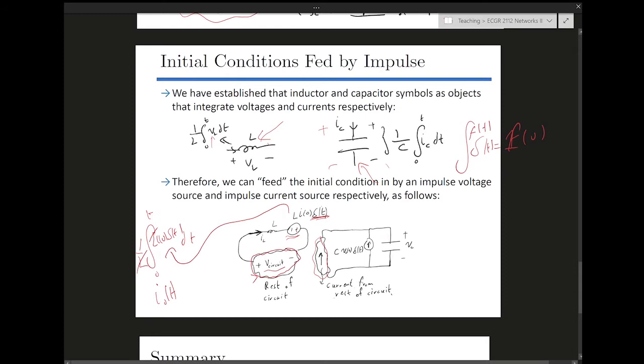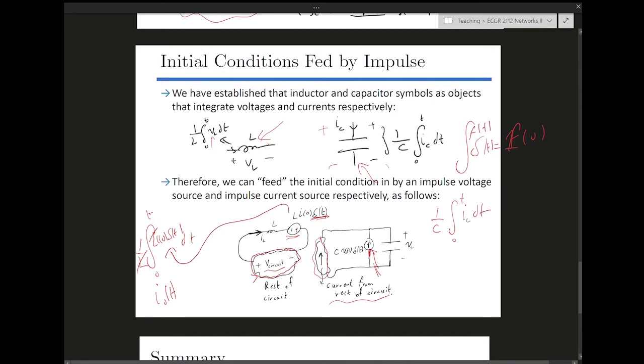So this is what I call the current from the rest of the circuit. In addition to this current, I want to add an impulse current in parallel with the circuit current, just to inject the initial condition, nothing more. I only want to inject the initial condition. So this symbol is just 1 over C integral of the current passing through the symbol.